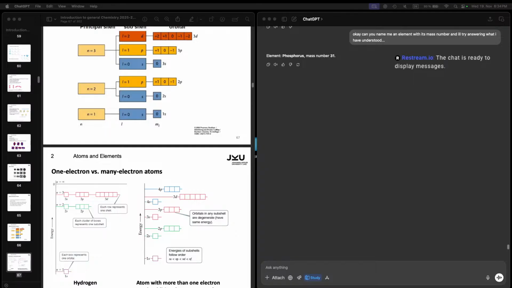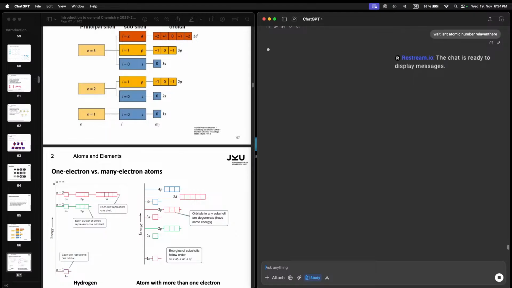Wait, are we going for mass number? Isn't atomic number relevant here? 15, okay.